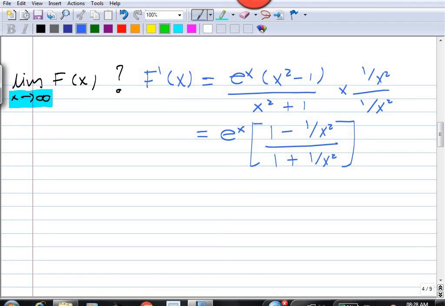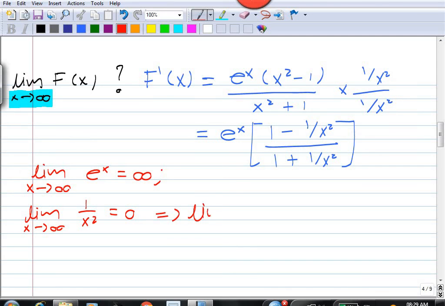Now the reason we do this is because now we've got a product of two functions and we know what these functions do as x goes to infinity. We know that as x goes to infinity, e to the x goes to infinity, and we know that as x goes to infinity, 1 over x squared goes to 0.